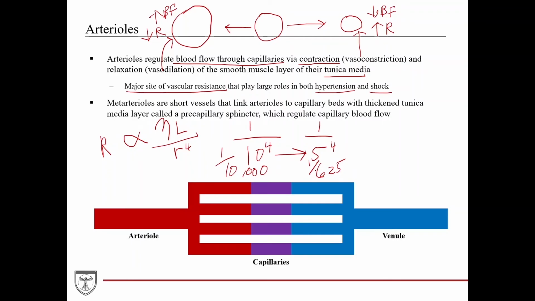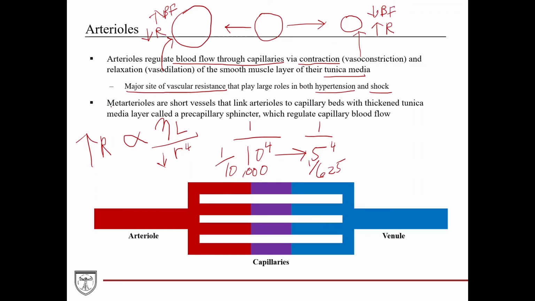And so, again, this is what resistance is proportional to. So by decreasing the radius, as a result of this radius to the fourth power, you're going to dramatically increase the resistance. You can see why even making this small change in the radius dramatically increases the resistance. And as you can see, that plays a larger role in terms of the overall physiology of regulating blood flow through capillaries.